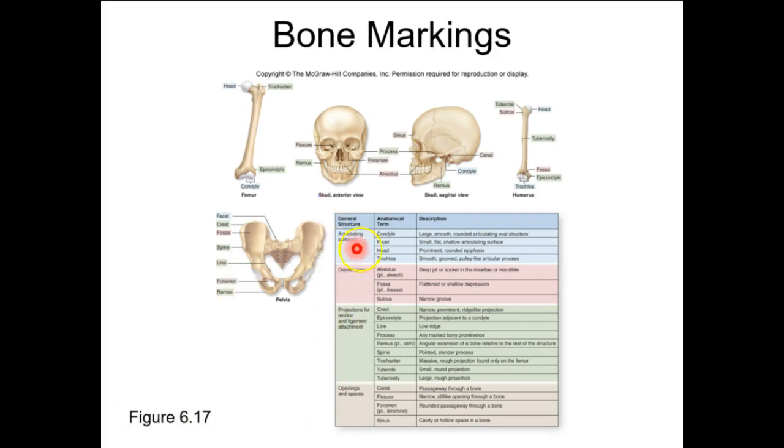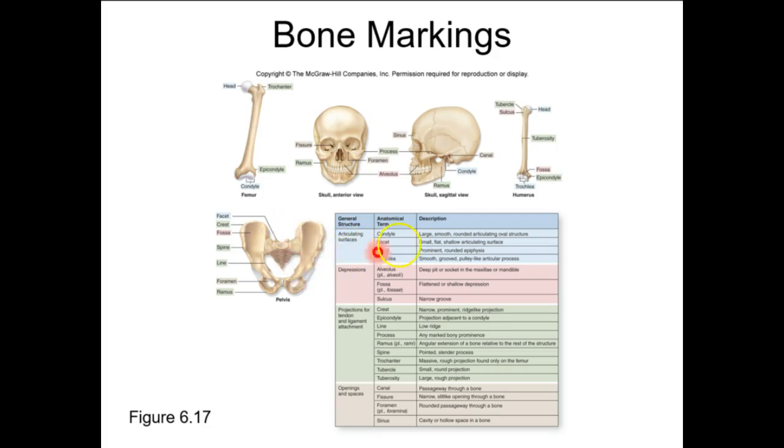They're going to have articulating surfaces. They're going to have depressions or hollows. They're going to have projections or roughened portions that'll be attachment sites for tendons and ligaments. And then you're going to have openings and spaces, or holes, basically, holes in your bones.